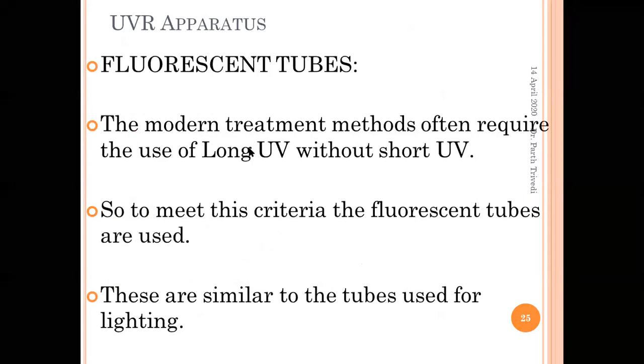Now, fluorescent tubes. Fluorescent tubes are modern treatment methods often required to use long UV without short UV. This is very, very important: long UV without short UV. That is why we are using fluorescent tubes. These are similar to your tube lights. So I would like to draw it again on our whiteboard.